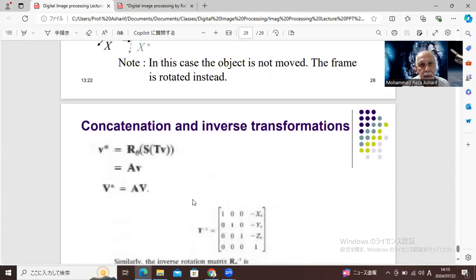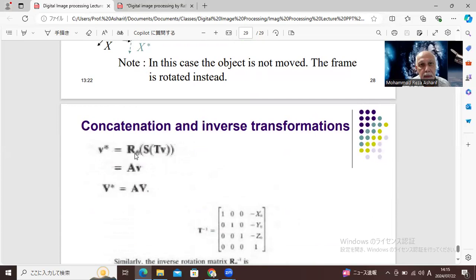And concatenation and inverse transformation is here. For instance, if you want to make translation, scaling, rotation, then you have to make these matrices one by one. So the order is important. First you translate, then scale, then rotate.